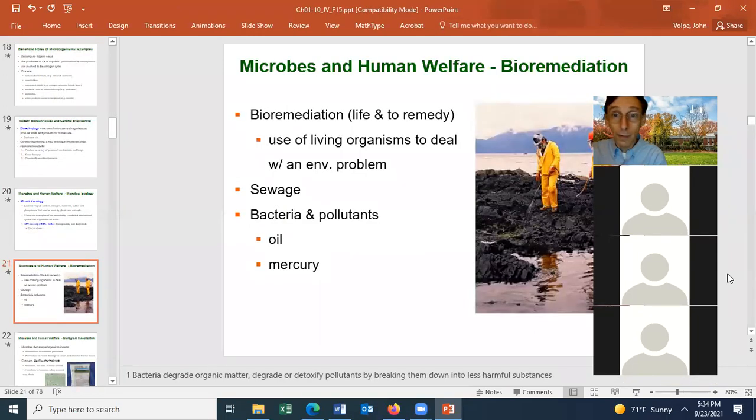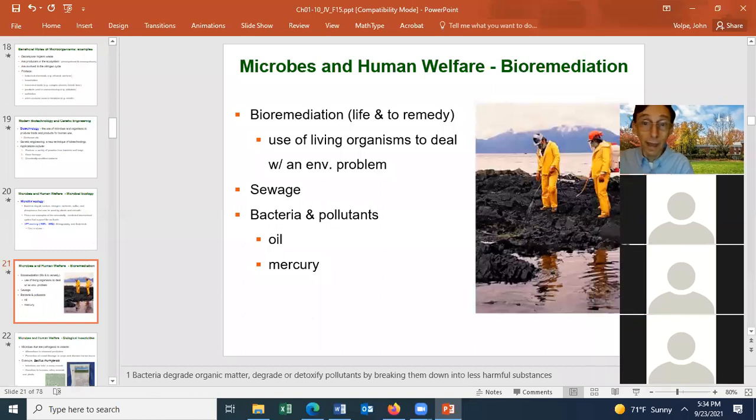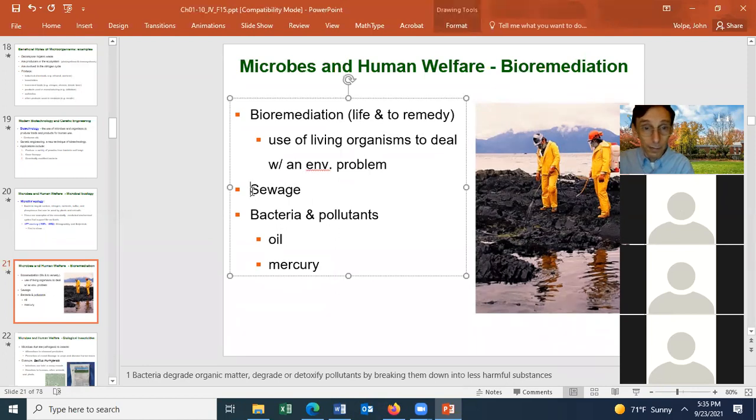All right, microorganisms are also important for humans and the planet in that we can use microorganisms for bioremediation. Bioremediation means life and to remedy. So when there's a spill or an environmental problem, we can use living organisms to help deal with the environmental problem. As you know, we use microbes to help deal with breaking down sewage. We discussed that. Well, you can use bacteria and other microbes to break down other pollutants.